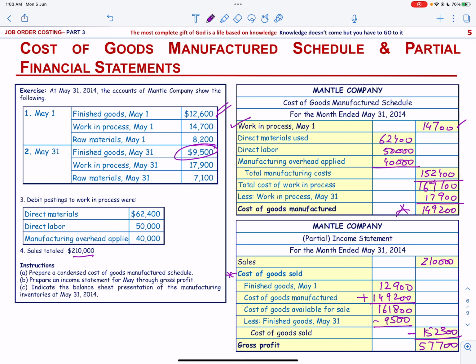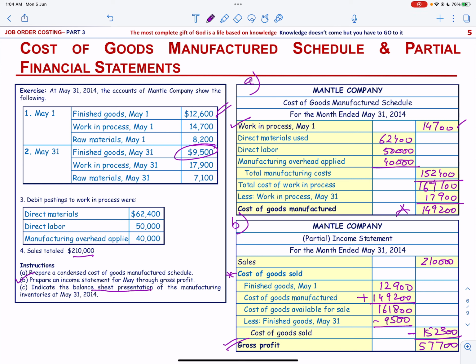And when we subtract this amount, we get the gross profit of 57,700. So we have prepared the condensed cost of goods manufactured schedule. Then we have prepared the income statement for the month of May, and we have calculated the gross profit. And finally we are going to indicate the balance sheet presentation of the manufacturing inventories.